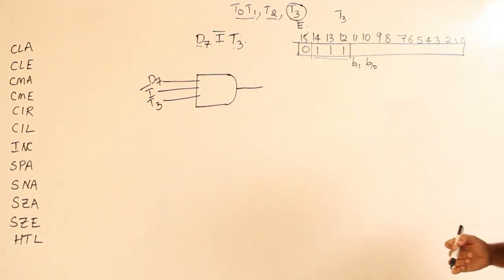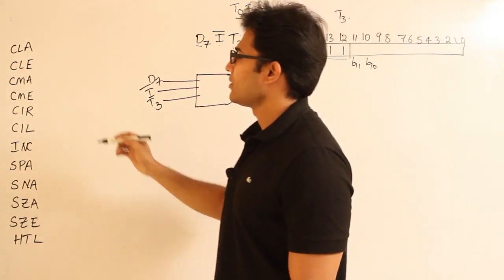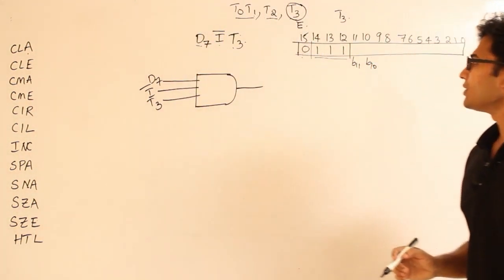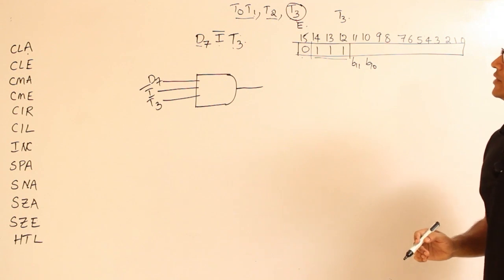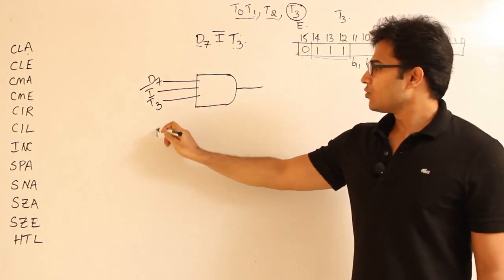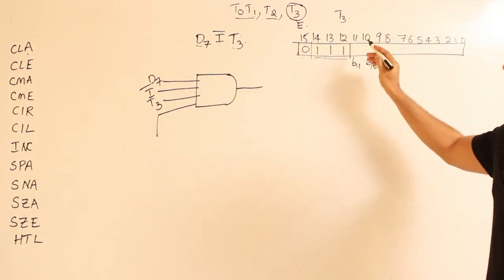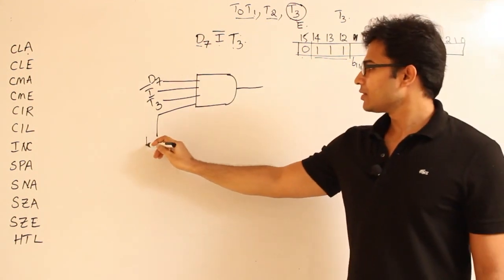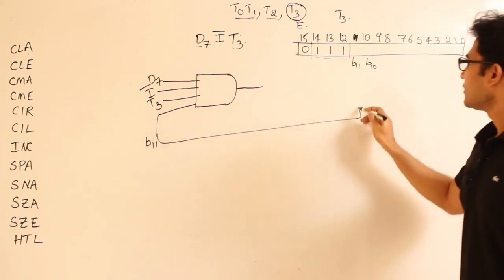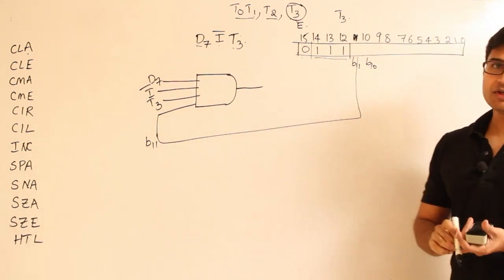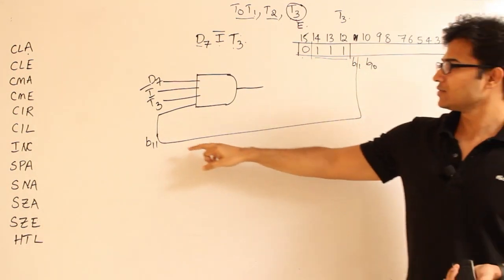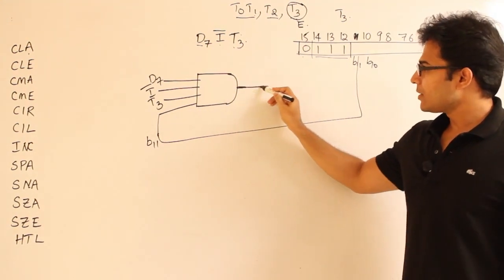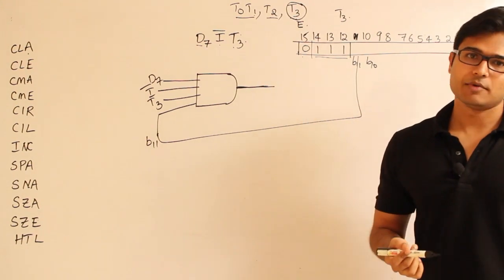The first one is complement accumulator. CLA means complement accumulator. We have already seen it. So what should we give to this? One more bit, and that bit is nothing but this particular B11, right? If I connect this B11 bit from the instruction register directly to this logic, this signal should be applied to the accumulator to complement it.